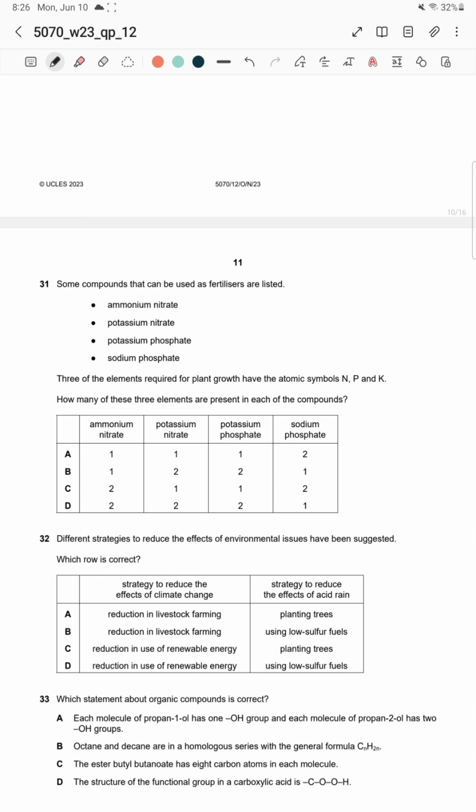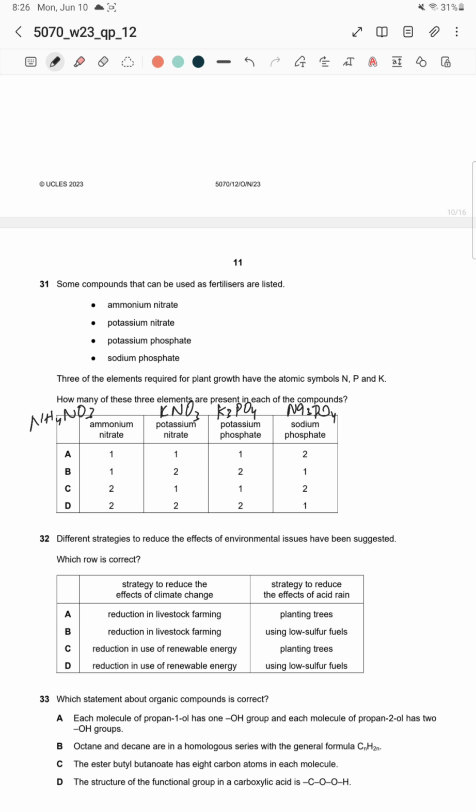All you need to know is the formula of all these compounds: ammonium nitrate NH4NO3, potassium nitrate KNO3, potassium phosphate K3PO4, sodium phosphate Na3PO4. So now you will count N, P and K in the following options.